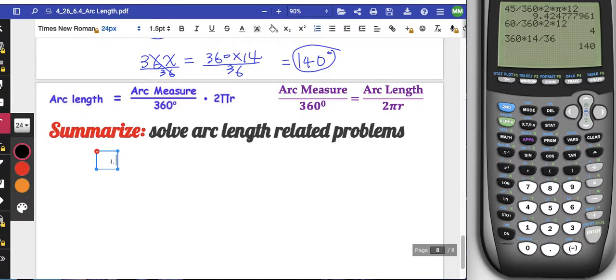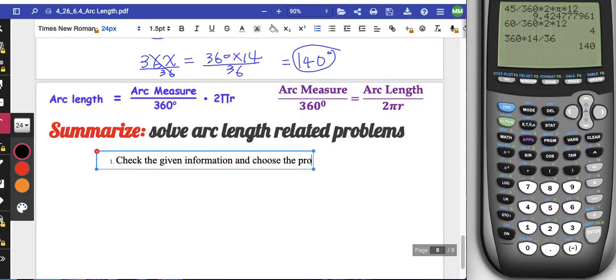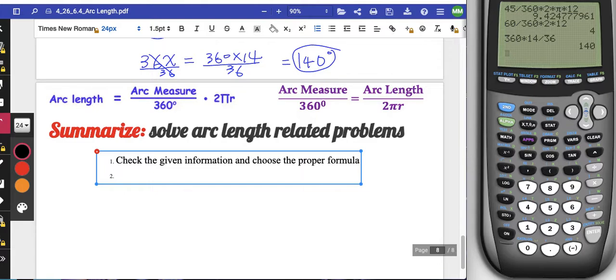So the first thing we need to do is check the given information and choose a proper formula, right? Sometimes we choose the first one, sometimes we choose the second one. It really doesn't matter. And then what we need to do is substitute the given values into the formula.